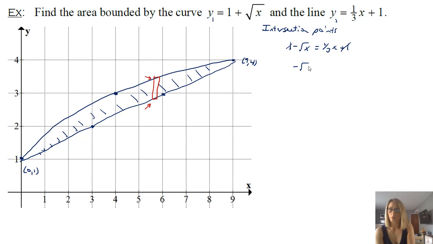And then I have a negative square root x equals 1/3 x. Oh, sorry, that's not a minus, that should be a plus. Even easier. So now we square both sides. So I'll have x equals 1/9 x squared. If I don't like the fraction, I could multiply through by 9 to get 9x equals x squared.